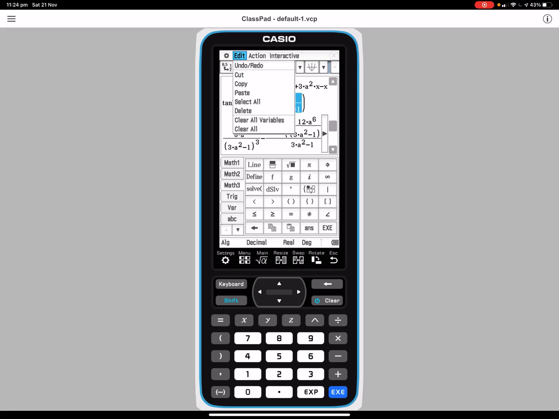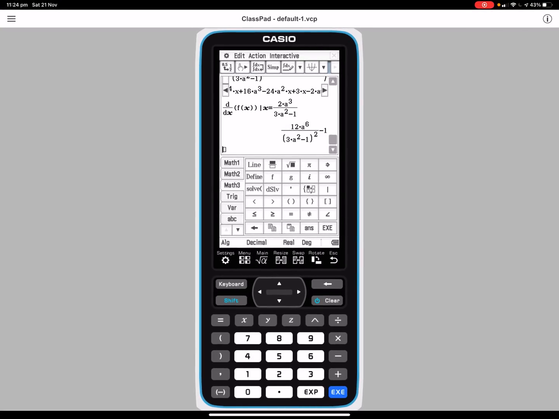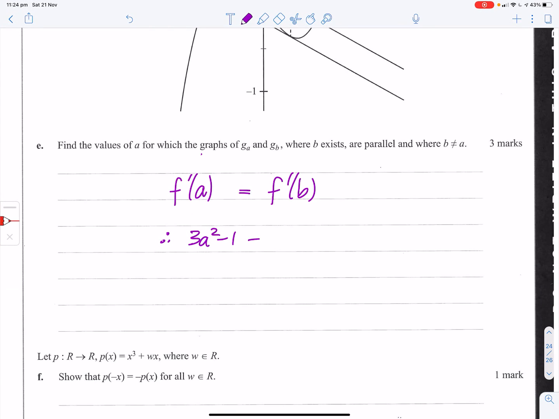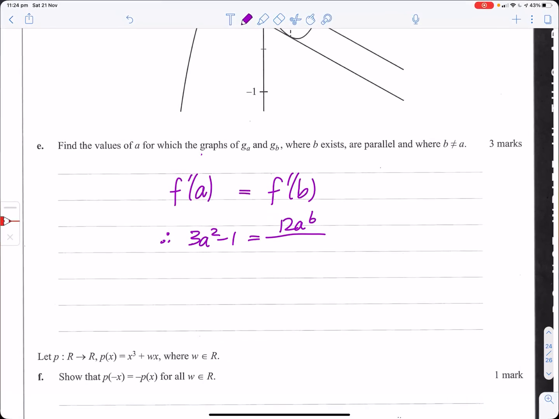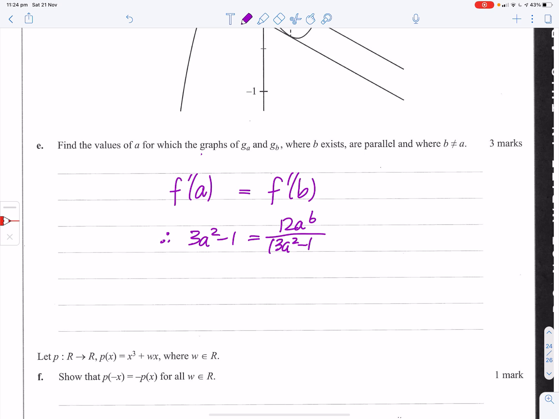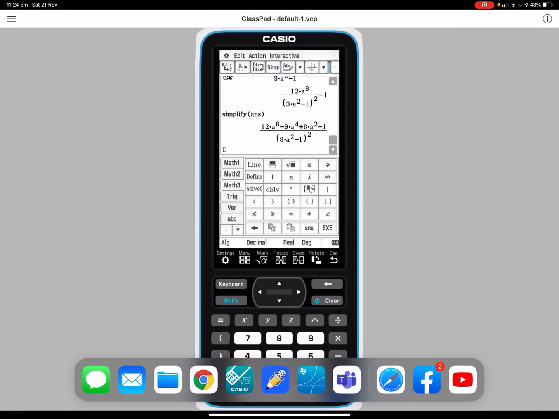That one. I think I like the first one best. 12a to the 6 over 3a squared minus 1 squared. And then the last bit, minus 1.